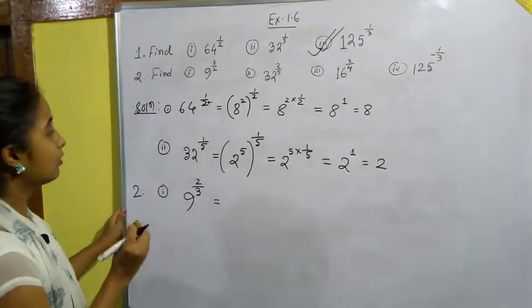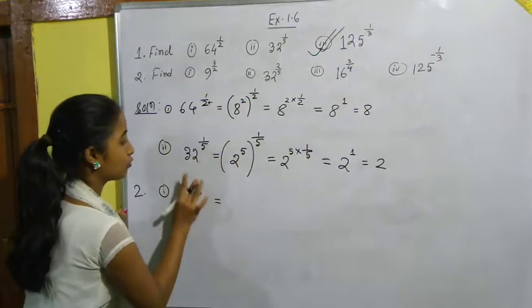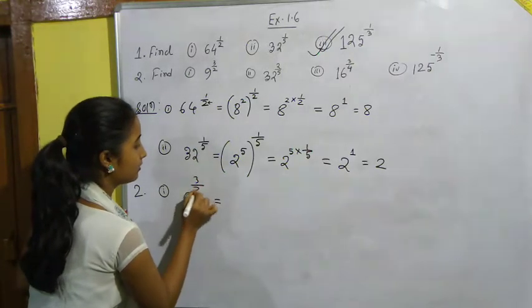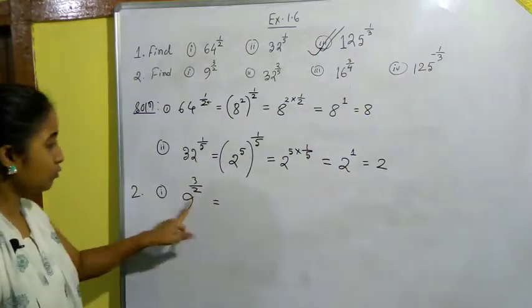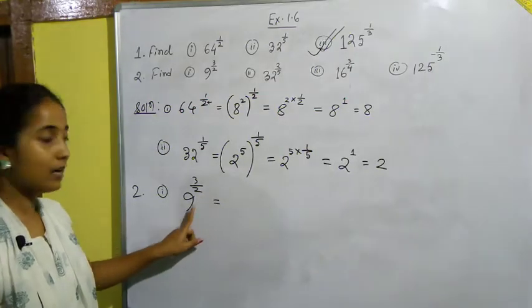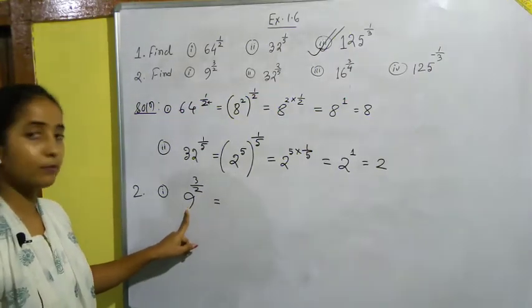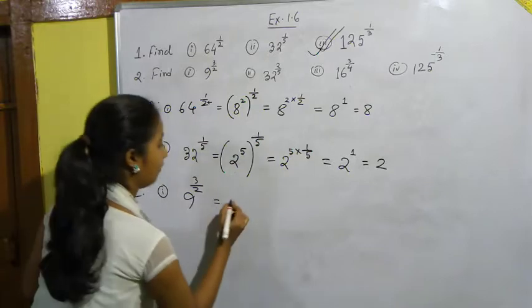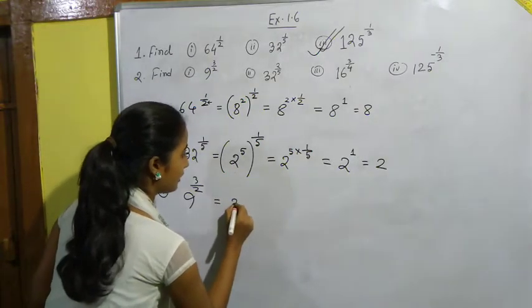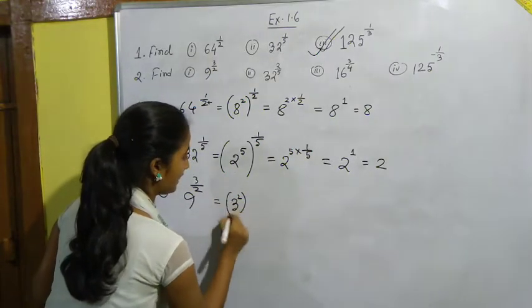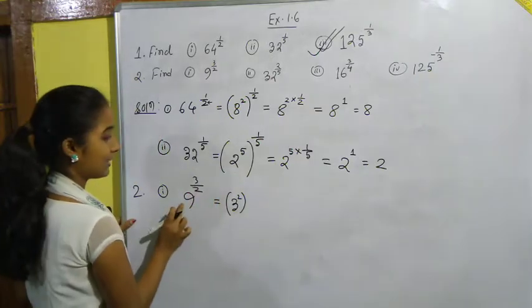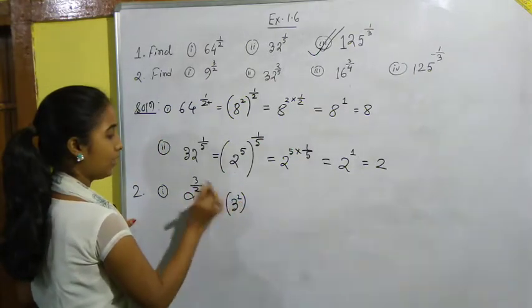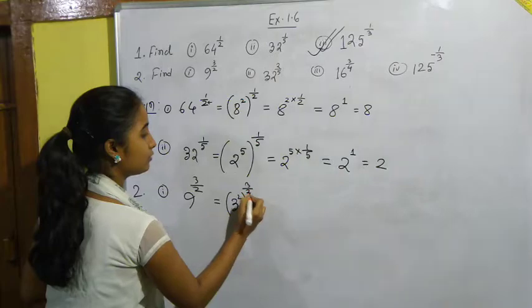That means, no, the denominator is actually 2. It is 3 by 2, so the denominator is 2. And we have to convert 9 into something to the power 2. We all know that 3 to the power 2 is equal to 9. That means 9 can be written as 3 to the power 2, and the power is 3 by 2.